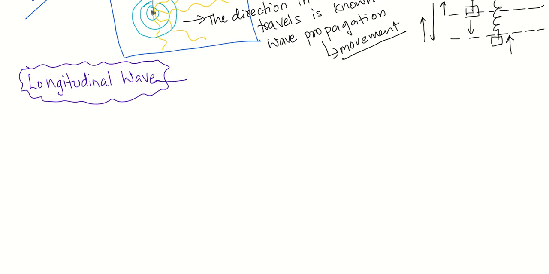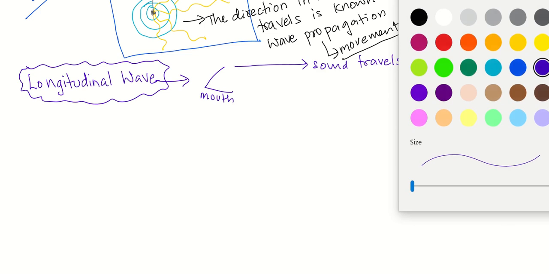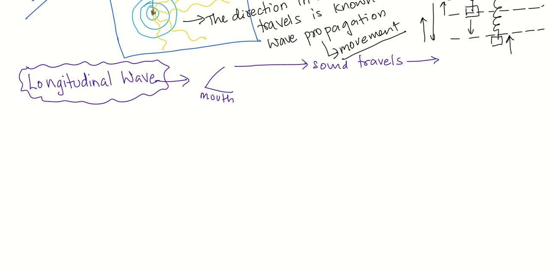If I produce a sound, right? This is my mouth. I produce a sound. The sound is going to travel in this direction, right? But sound won't travel just like that. Sound requires some medium here, and in the medium sound will create a sort of compression.